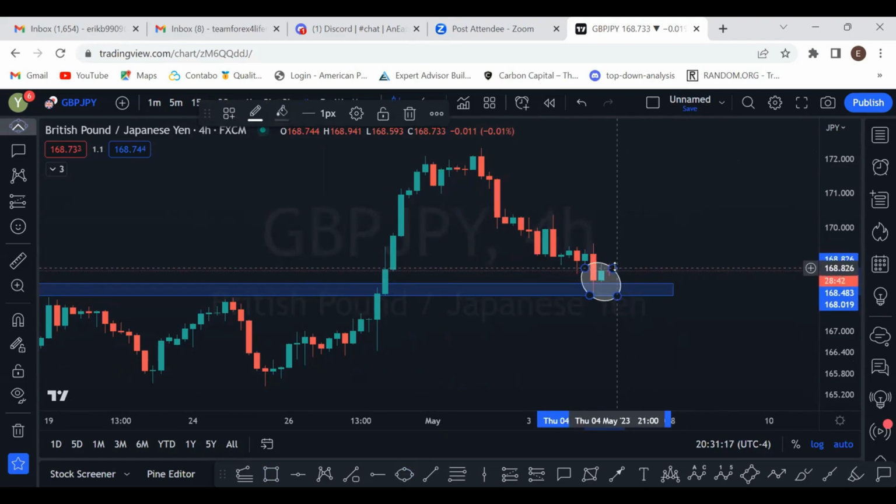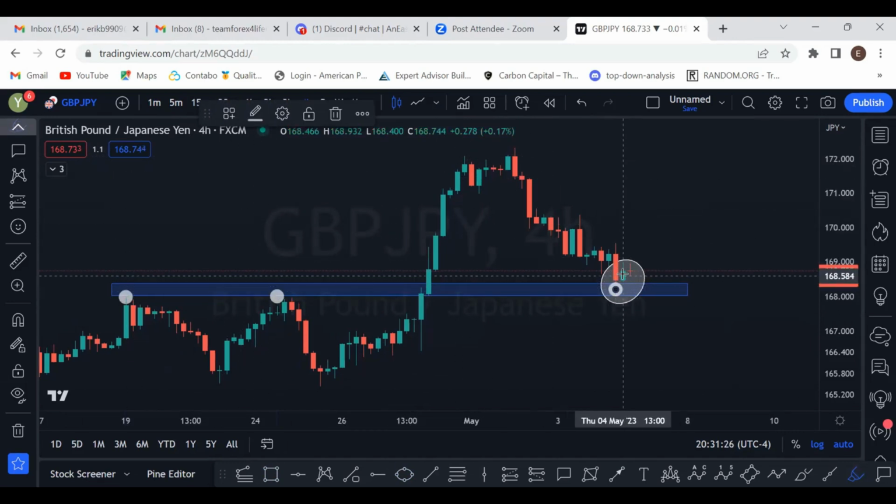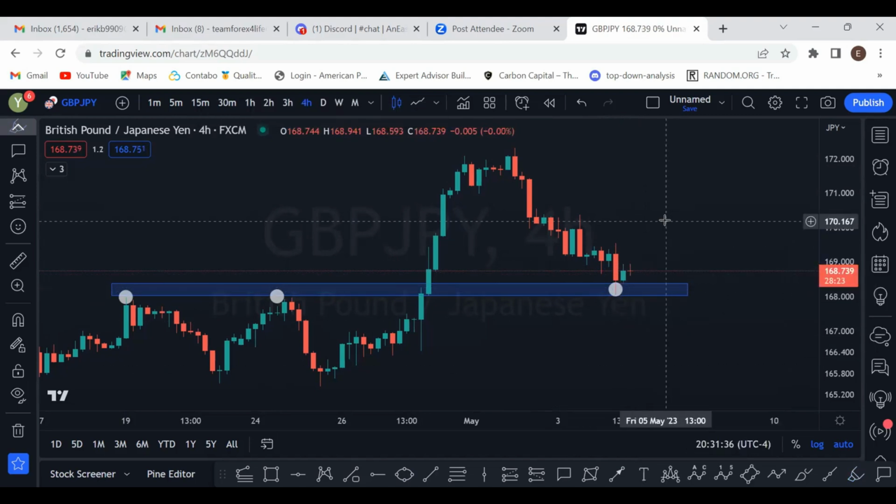We're working on three. That's making me feel better, because that was a nice resistance. It broke, came back and rejected, and it's been here 8 hours, and we just had a new candle open. So this is making me feel good about the buy.